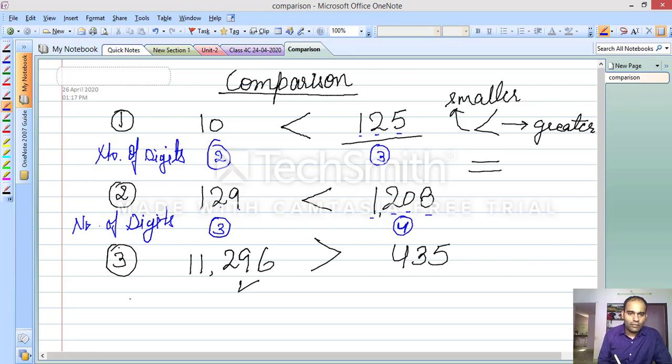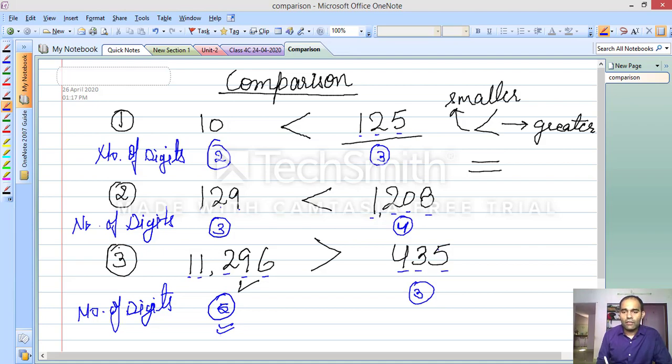Now let's count here. Number of digits. Count. 1, 2, 3, 4, 5. How many digits? 5. Count here. 1, 2, 3. So how many digits does this number have? 5 digits.